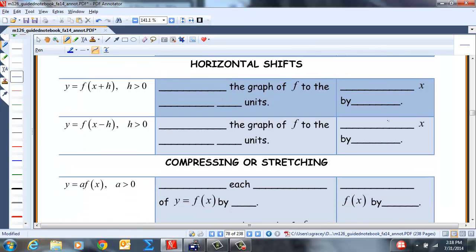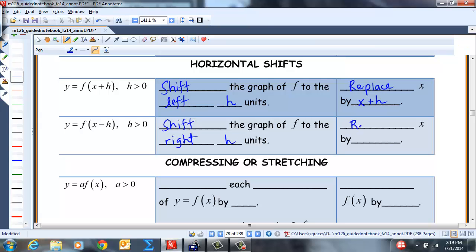Horizontal shift, right? When you have an addition inside, you shift the graph of f to the left by h units. And what's happening with the functional change is you replace x by x plus h. And over here you would shift the graph of f to the right h units.